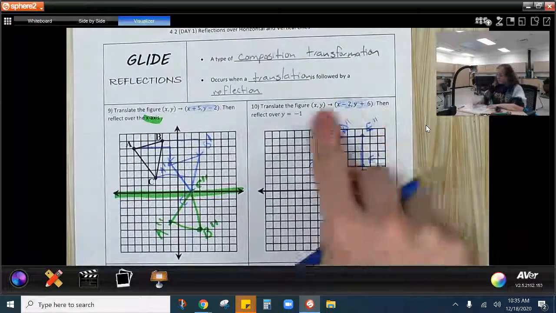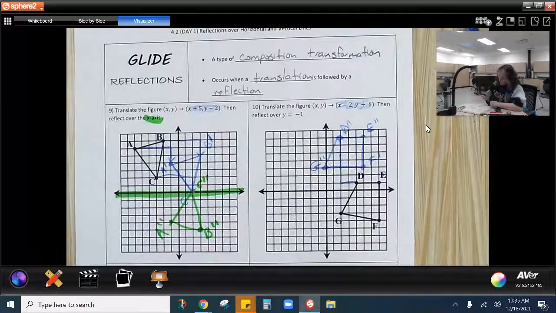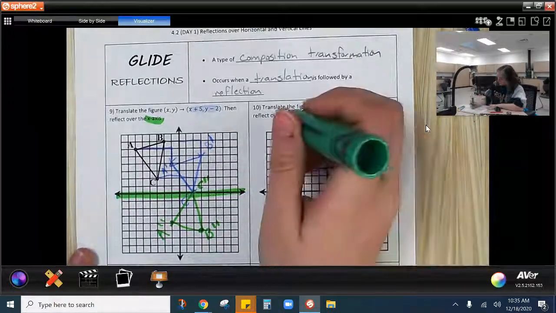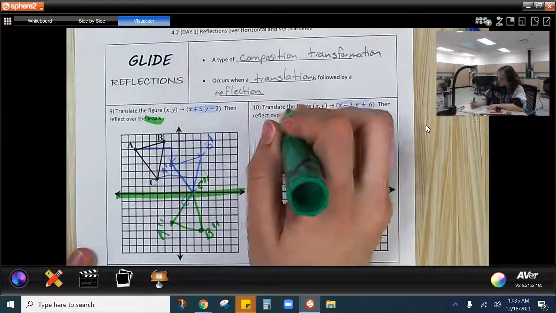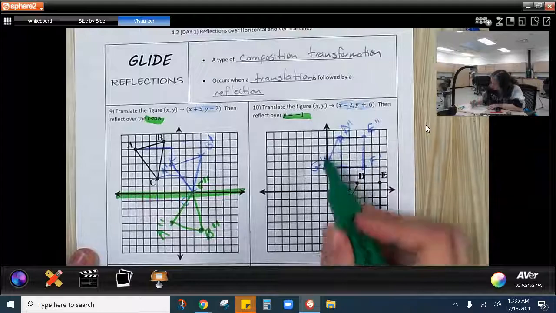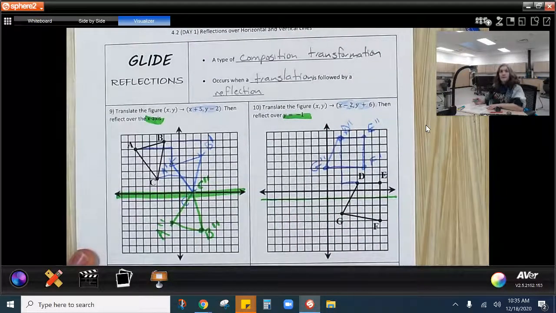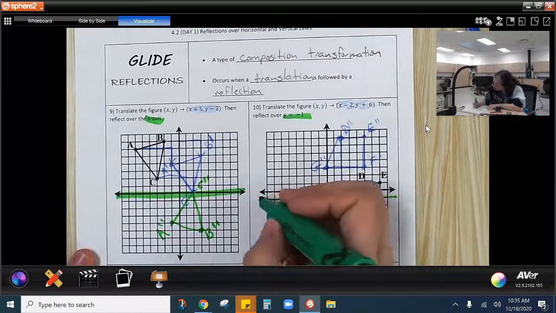All right, so that is our new figure, and then we need to reflect it over y equals negative 1. Okay, so our y-axis is here. This is where y equals negative 1, right there. So I need to reflect it across that.